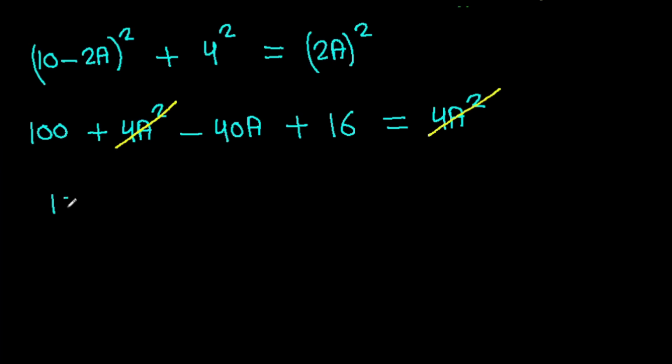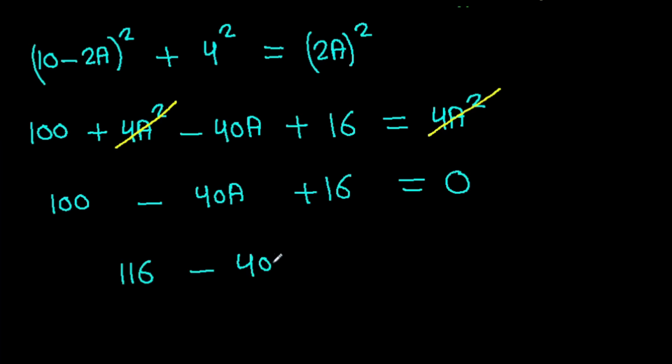So it is 100 minus 40A plus 16 is equal to 0, and 100 plus 16 is 116, minus 40A is 0.